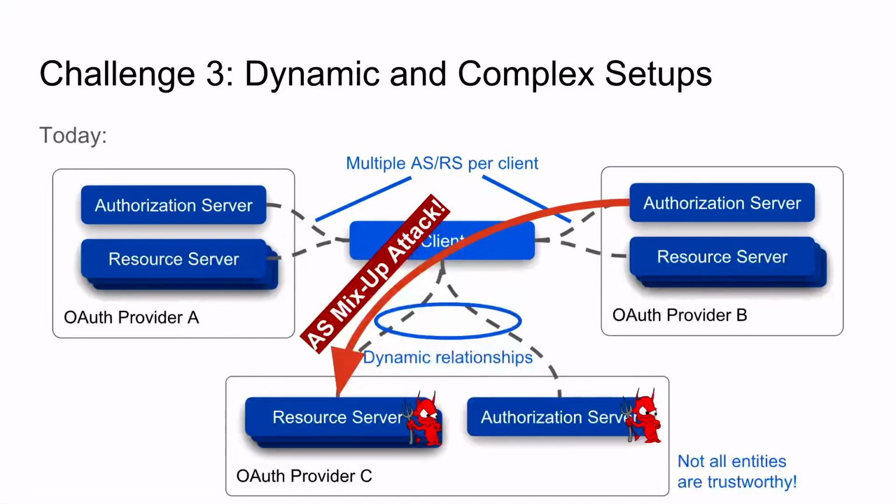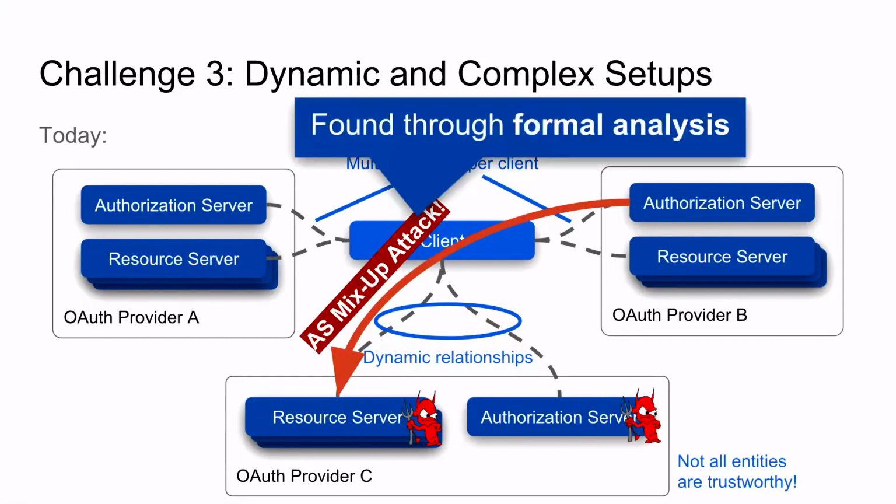I'm not going to talk about the details of that attack here, but the interesting thing is how it was found. It was not found by the standardization body, and it was not found during pen testing or whatever. It was found using a formal analysis. And this is interesting, because this attack might teach us how to find similar attacks in different protocols or on the same protocols in the future.